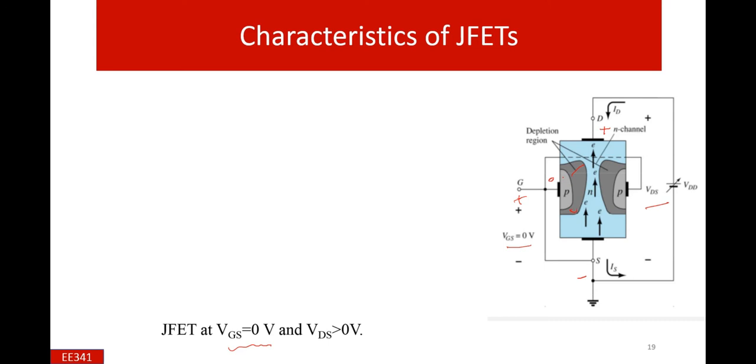For example, maybe it is 0 volt here and maybe 5 volt is here, 5 positive. It is a source which is supplying from 0 to some positive 5 volt.